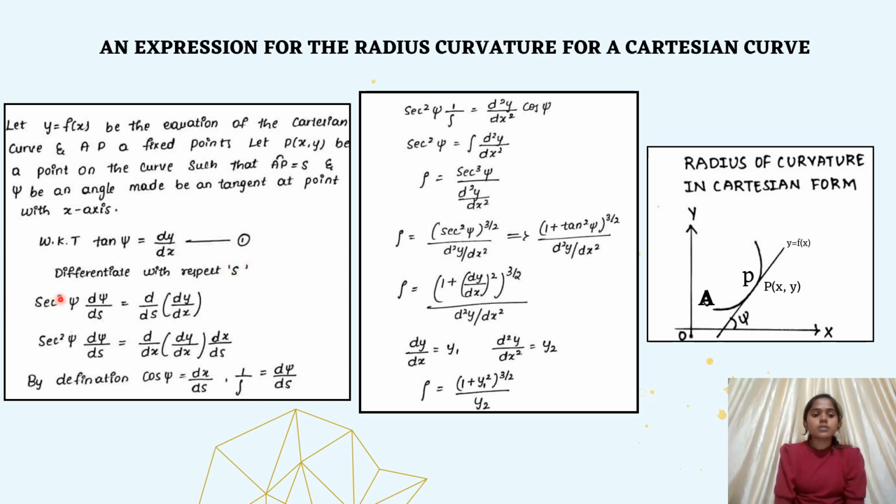It becomes secant square psi d psi by ds equal to d by ds of dy by dx. Secant square psi d psi by ds equal to d by dx of dy by dx into dx by ds. By the definition, cos psi equal to dx by ds, and 1 by rho equal to d psi by ds.